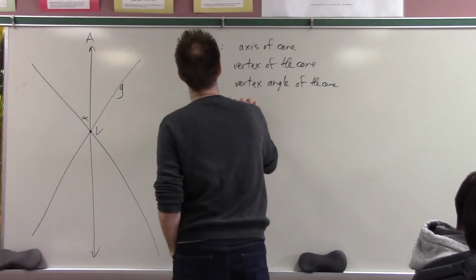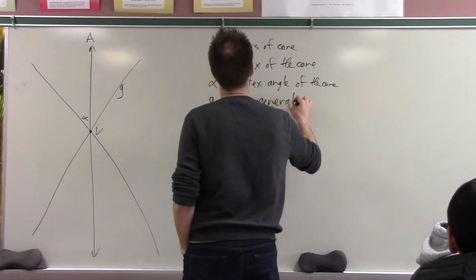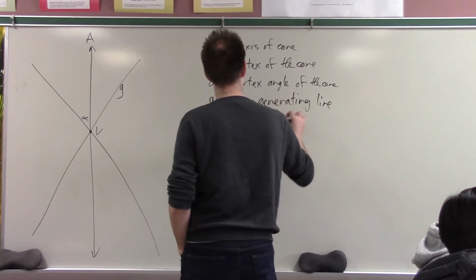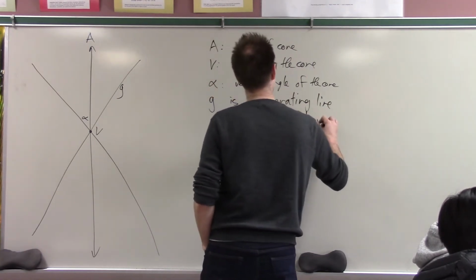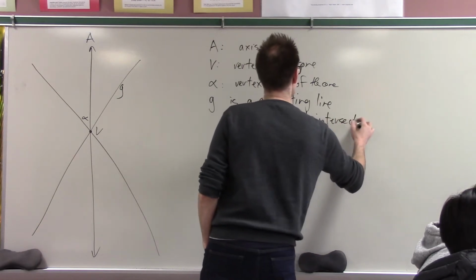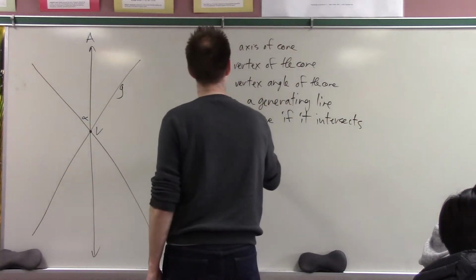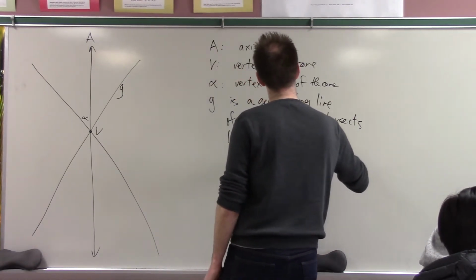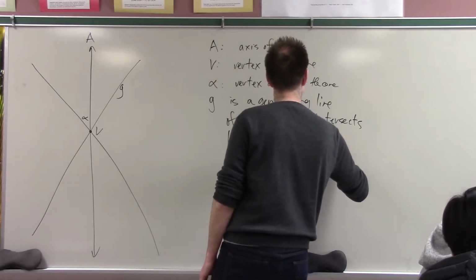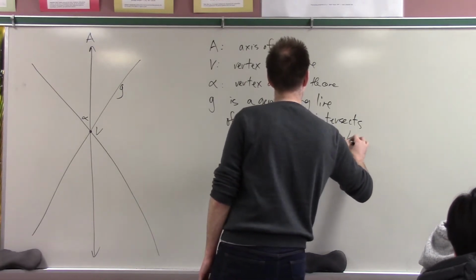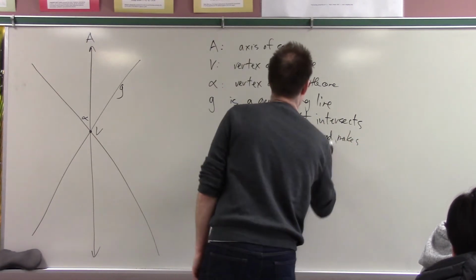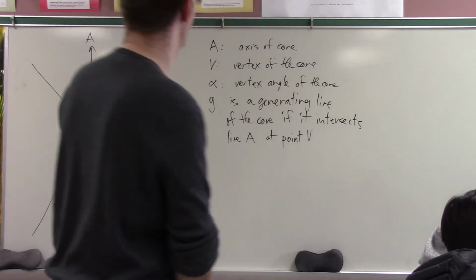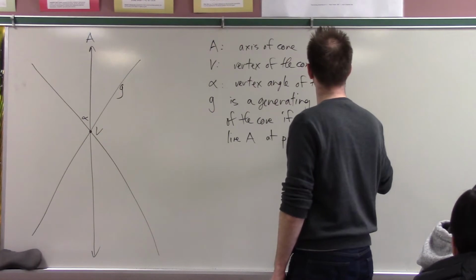G is a generating line of the cone if it intersects line A at point V, making angle alpha.